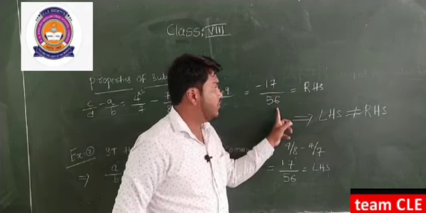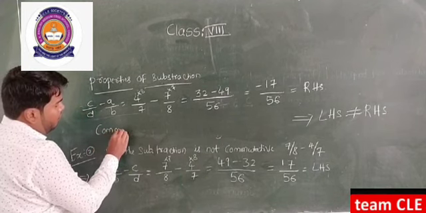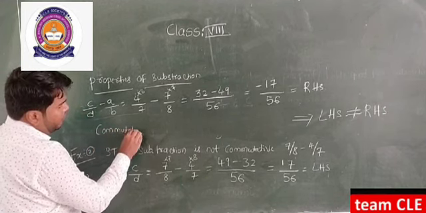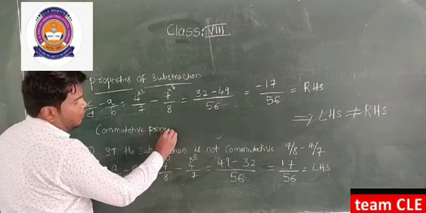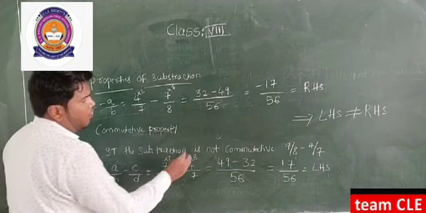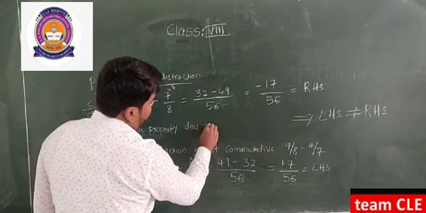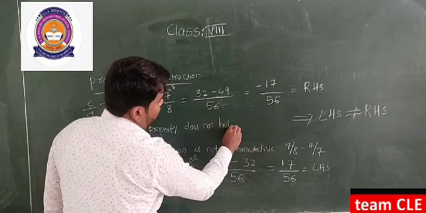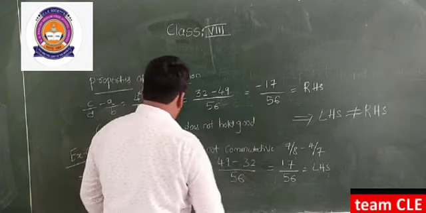One is positive, one is negative. Hence we can conclude that the commutative property does not hold good for subtraction.